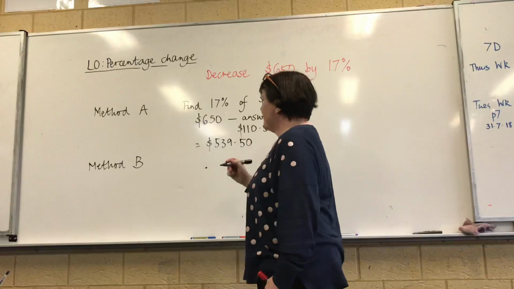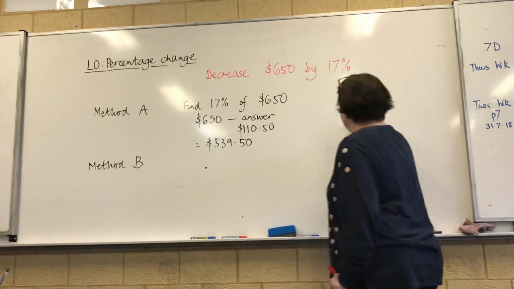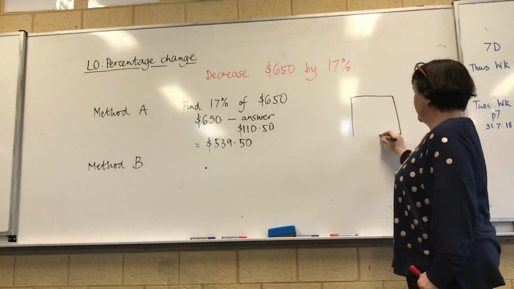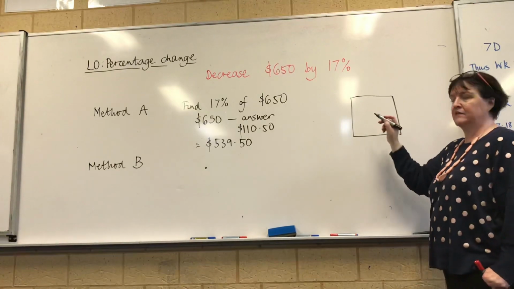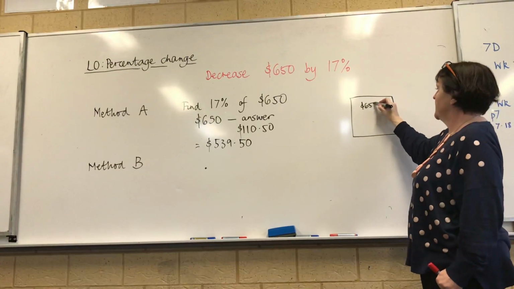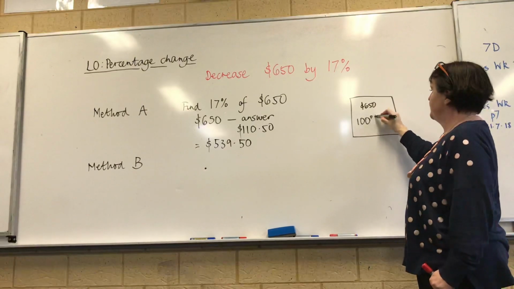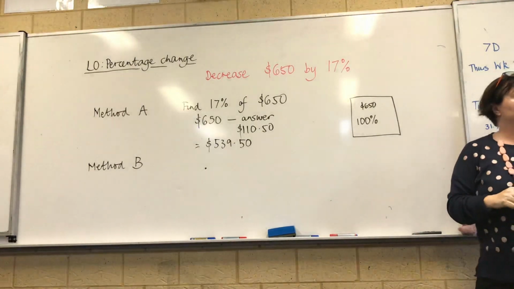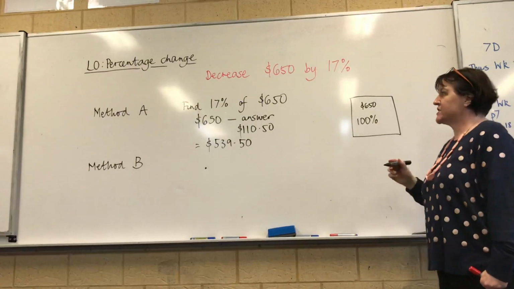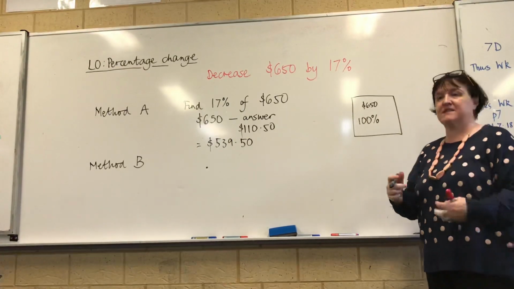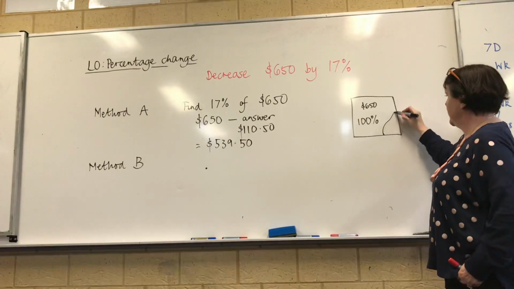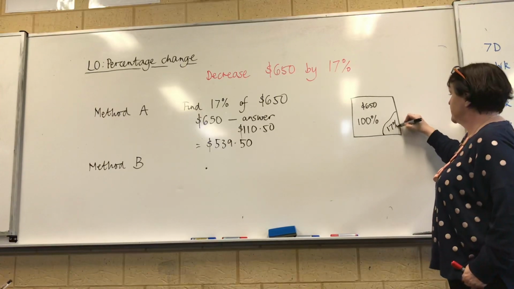Okay? So method B. Now, imagine that the $650 here is 100%. And what we're going to do is we've got to decrease it by 17%. So we've got to take away 17%.